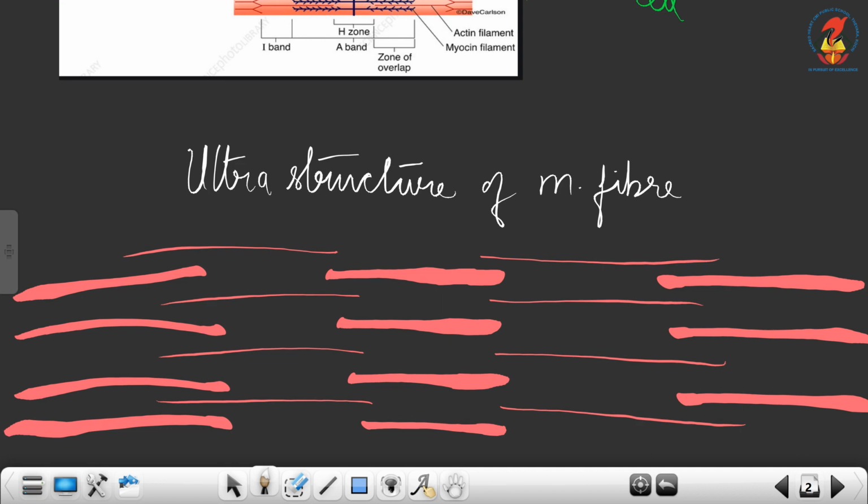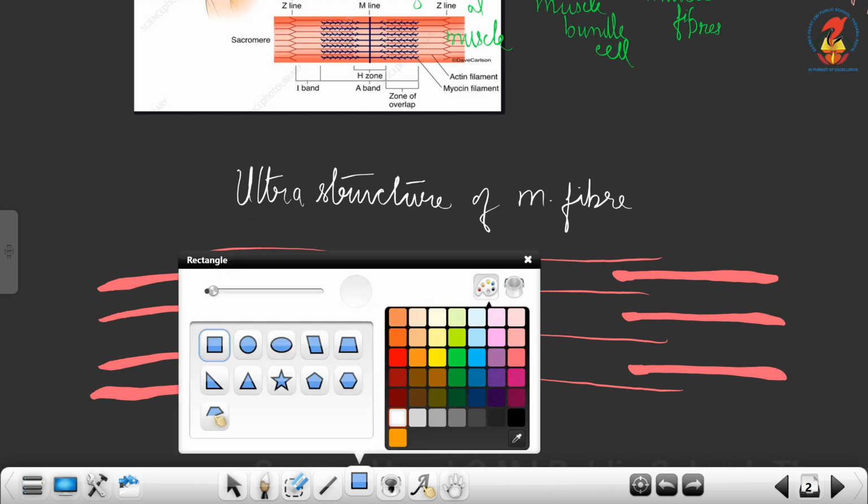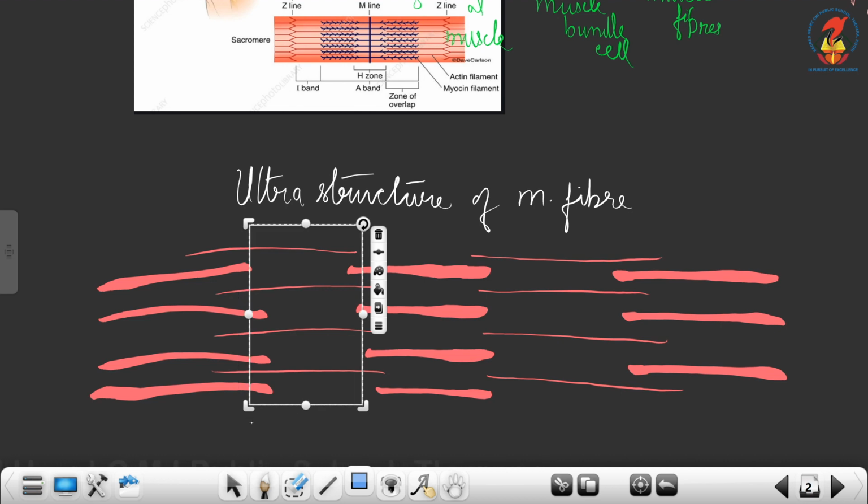Now, I am going to label all the parts in this striated ultrastructure of the muscle fiber. Now, you can focus at this region. I am doing the adjustment to show you only the region which comprises the thin filaments. See, I have indicated with a rectangle.